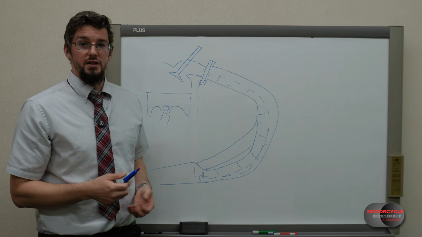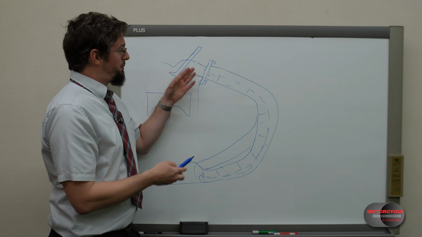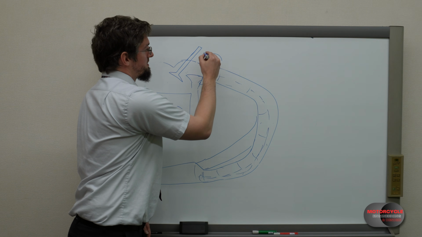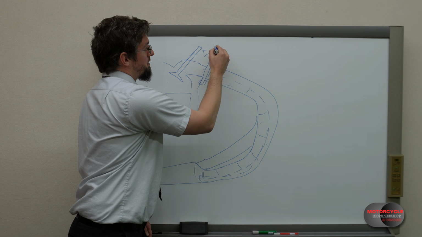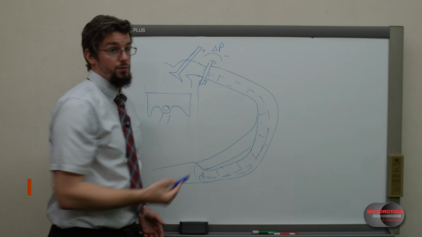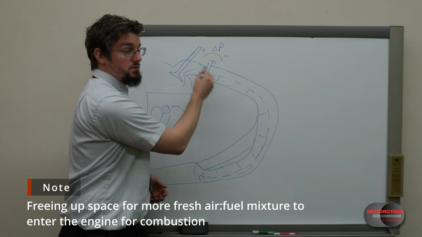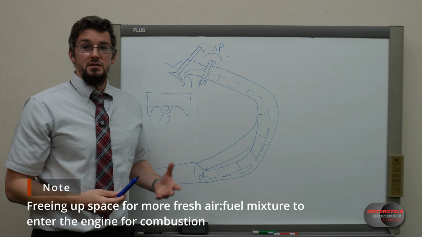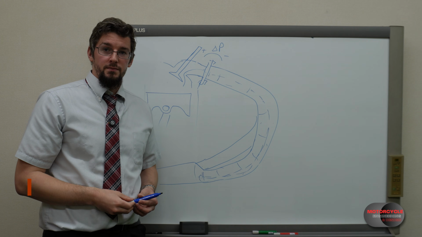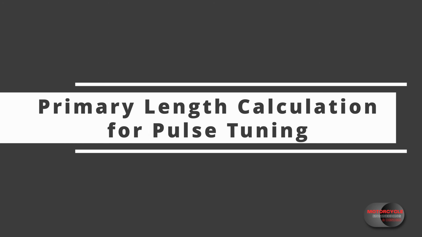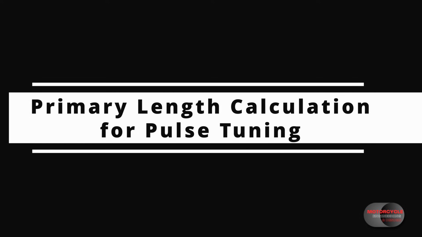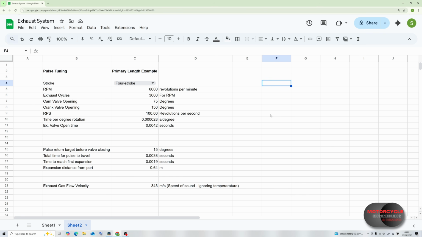That negative pressure is essentially resulting in a greater positive differential pressure across here, which helps to pull out more exhaust fumes, more exhaust gases. And this is the concept of pulse tuning. Okay, so this is a very simple theoretical approach, pulse tuning, sizing the length of the primaries.